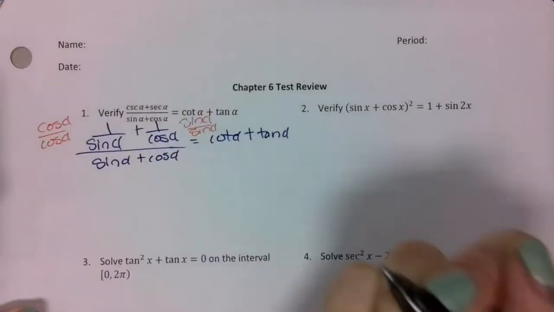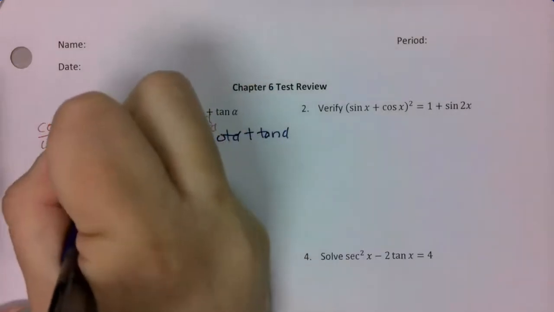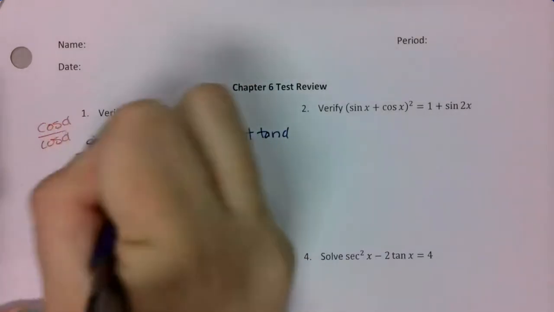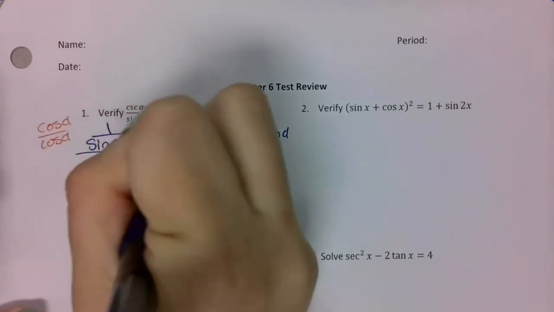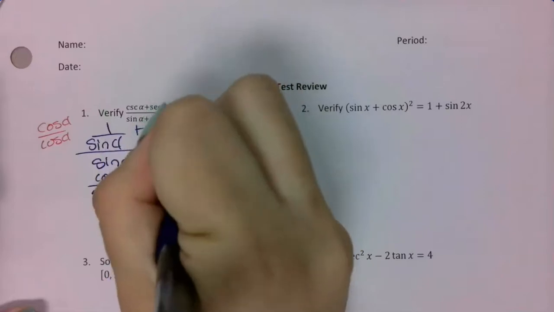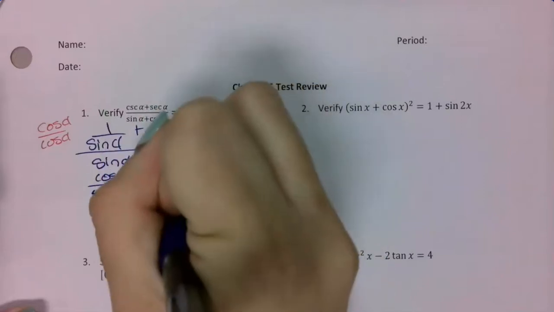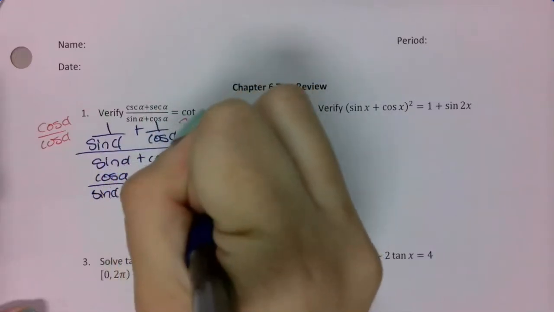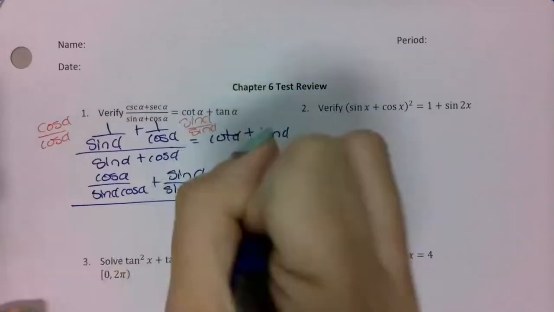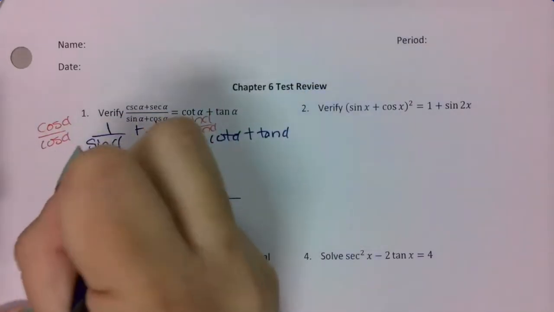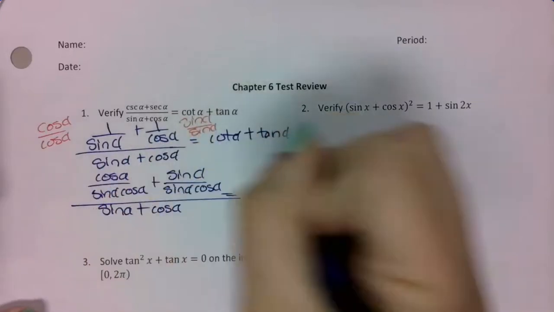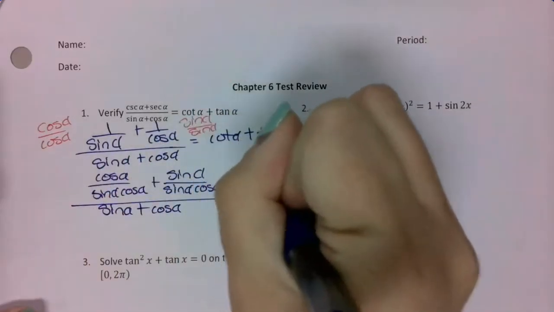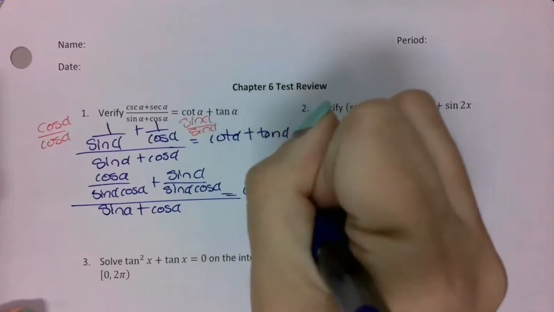So in my next step, I'm going to have cosine alpha over sine alpha cosine alpha plus sine alpha over sine alpha cosine alpha, all over sine alpha plus cosine alpha, and this should equal cotangent alpha plus tangent alpha.